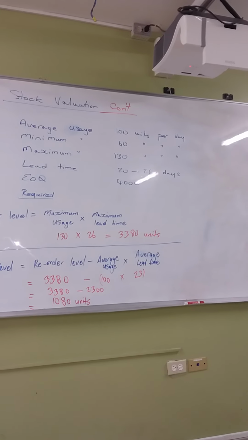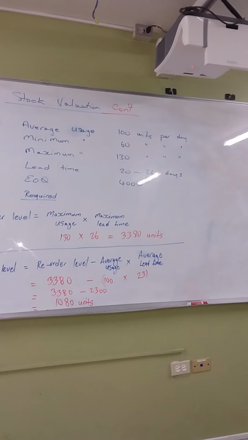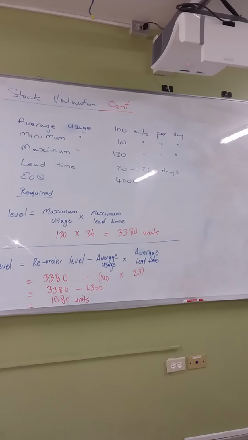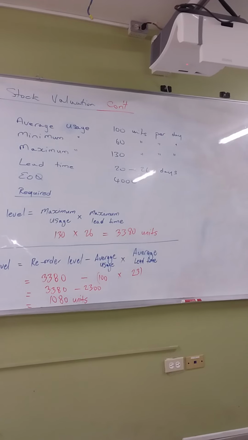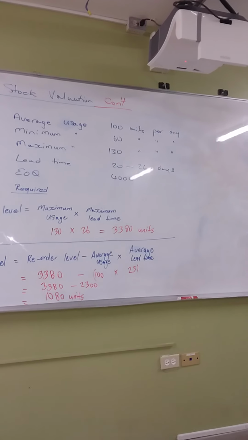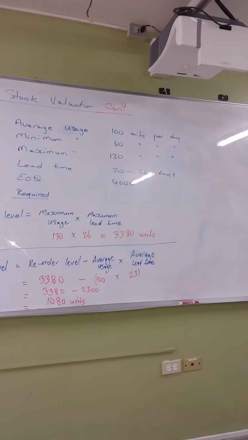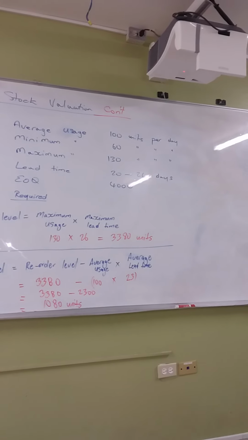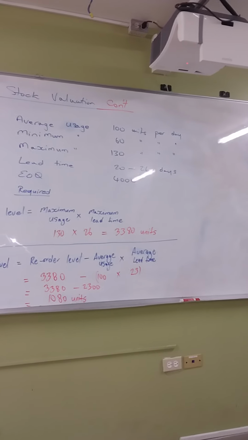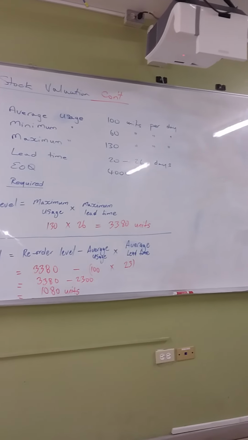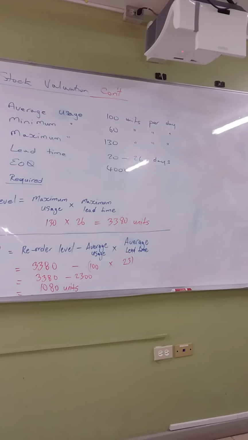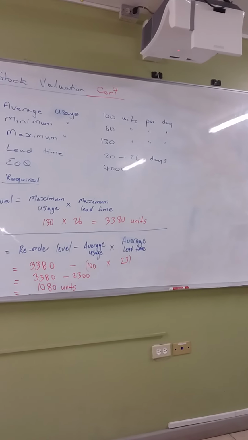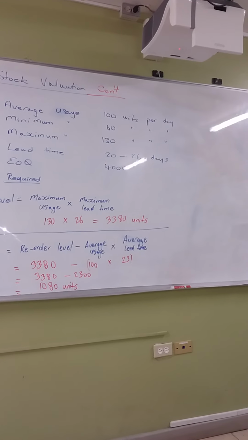So you can receive those goods as early as 4 days, and the latest is within 6 days. They can deliver at the shortest possible time, which is 4 days, or it can take the longest possible time, which is 6 days. That is the lead time.